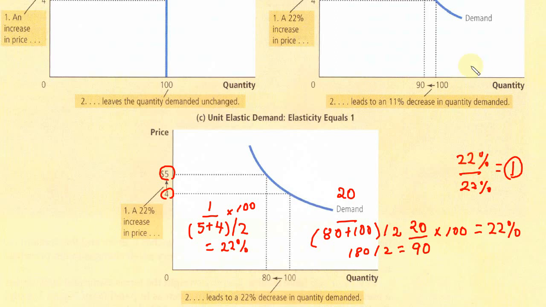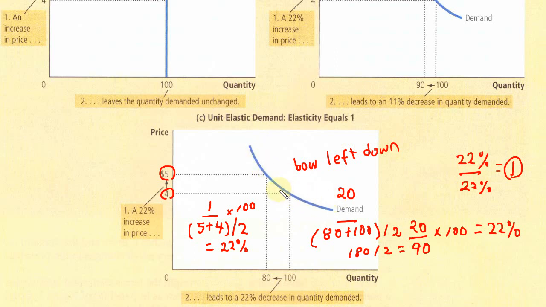Then let's go on, so we will see this one. Once elasticity is 1, the curve, see this one, bows left down.